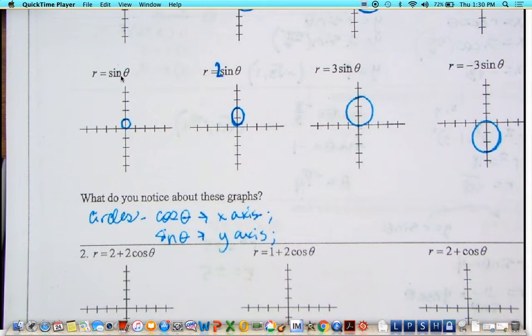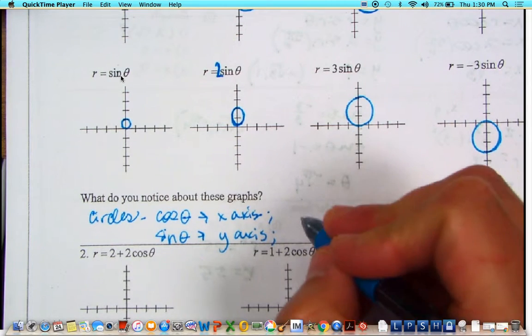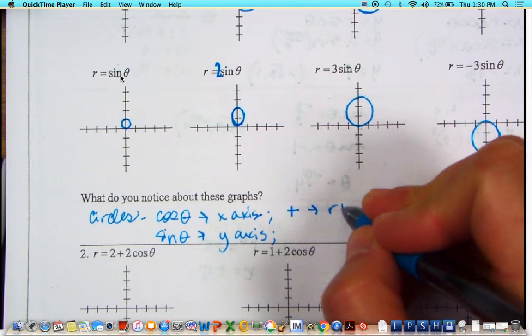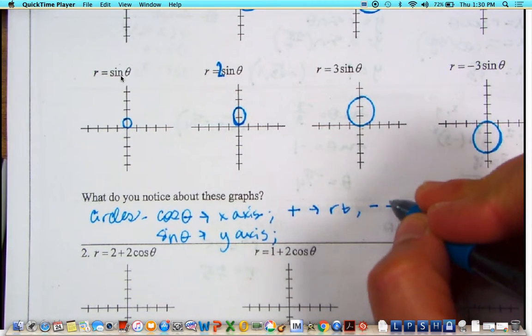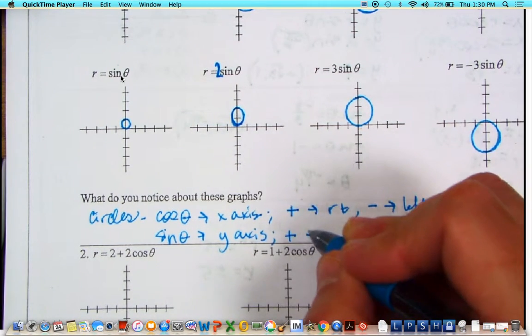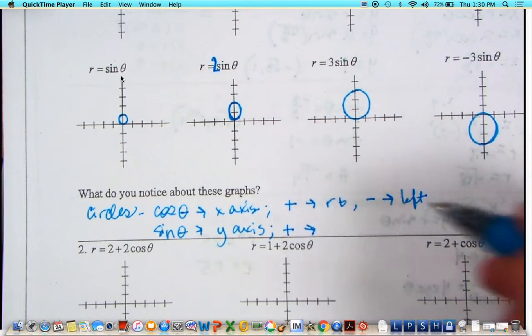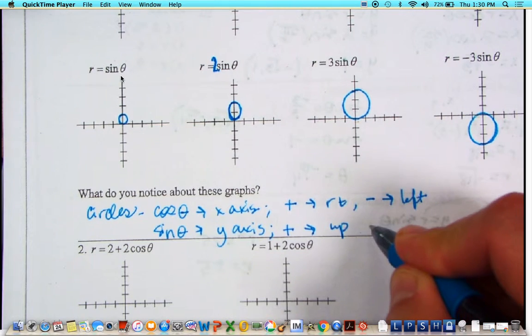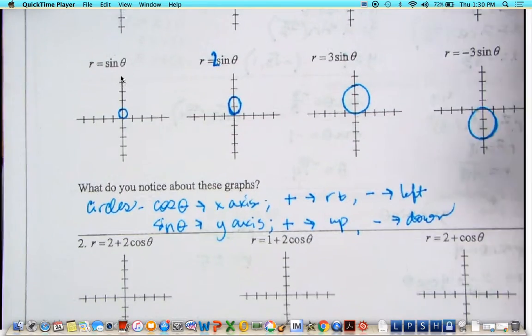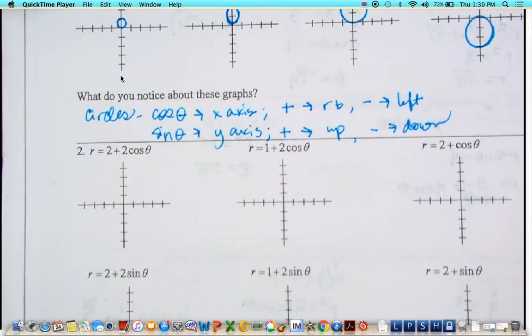Positive cosine is on the right, negative is on the left. When we're dealing with sine of theta, the positive is up, and the negative is down. Those are very technical terms.